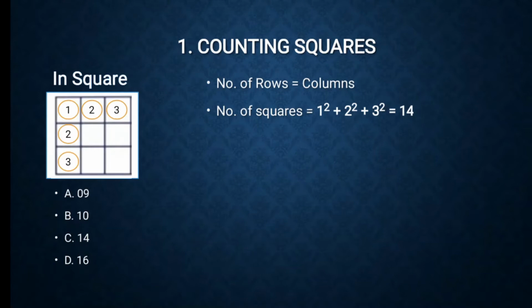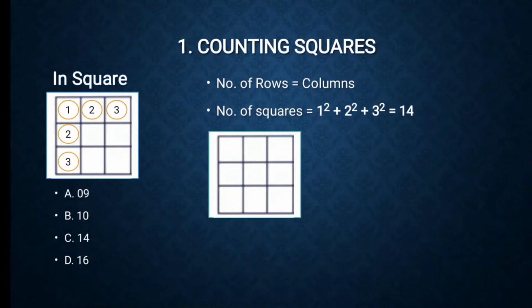Now you can verify this formula. I'll count the number of squares here manually for verification. Firstly I'll count the smallest square, the smallest piece in this figure. There are 9 small squares as you can see. So 9 plus, then there are squares made of 2 sides, that is, a slightly bigger square.